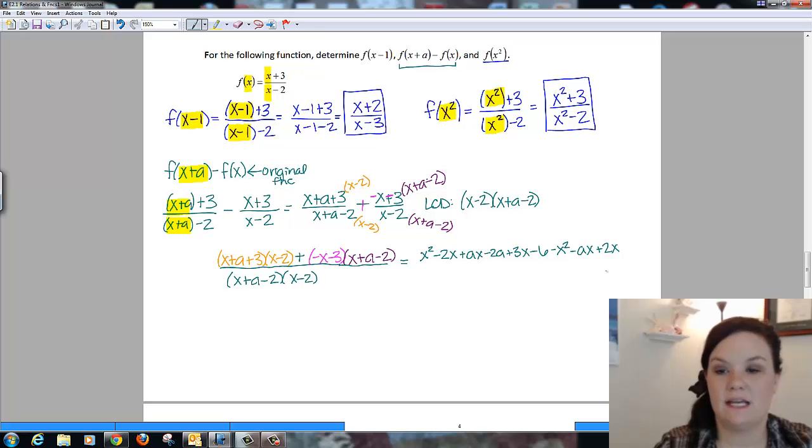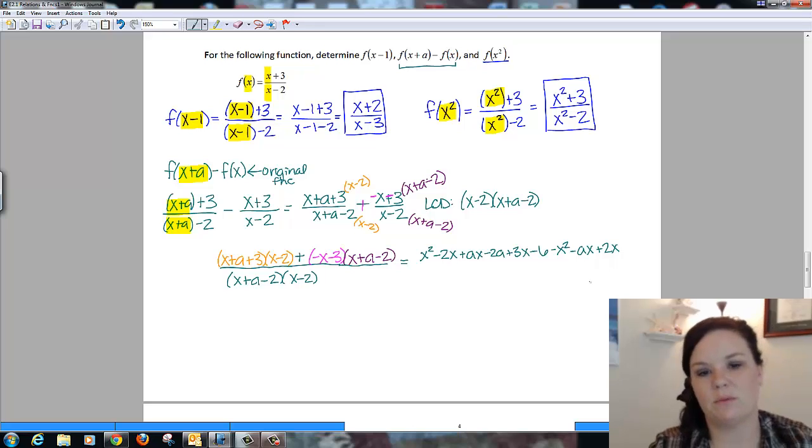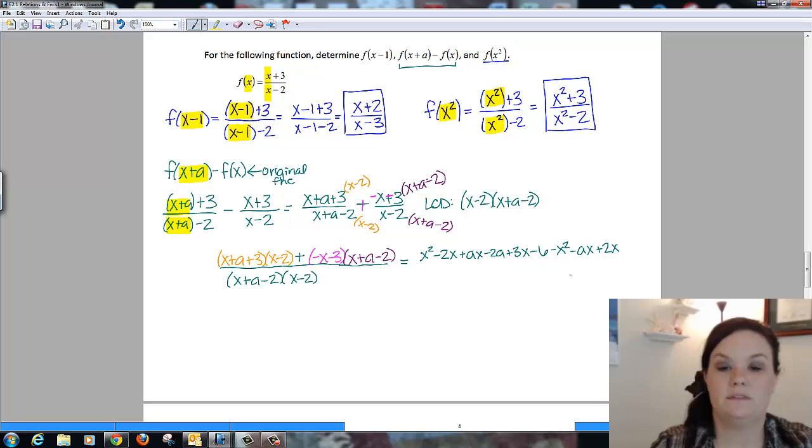Negative 3 times x is negative 3x. I know it's bad form, but I ran out of room. Negative 3 times negative a is negative 3a. And negative 3 times negative 2 is positive 6. All over my least common denominator, which was x plus a minus 2 and x minus 2.